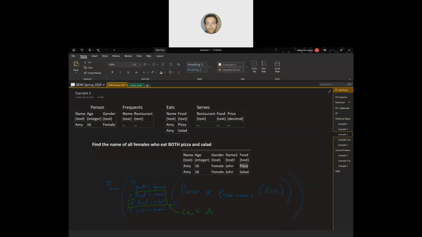That passes this part of the test, but food does not also equal salad for this entry. So that would get eliminated, and for symmetric reasons, the salad row would also get eliminated, and you would have an empty result of your query. Attempt 1. Are there questions about that? Does it make sense?